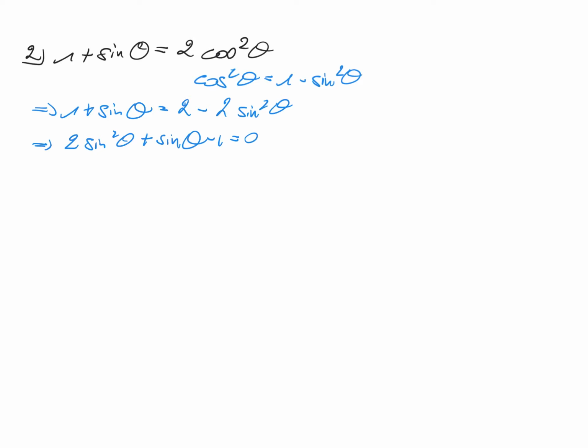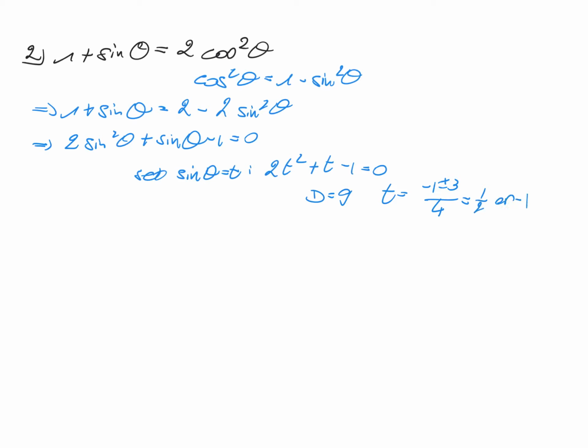We will first again solve the quadratic equation, so set sine of theta equal to t. Then you get 2t squared plus t minus 1 is 0. Solving this gives you a discriminant equal to 9, or a solution t is minus 1 plus or minus 3 divided by 4. So t is either 1/2 or minus 1.